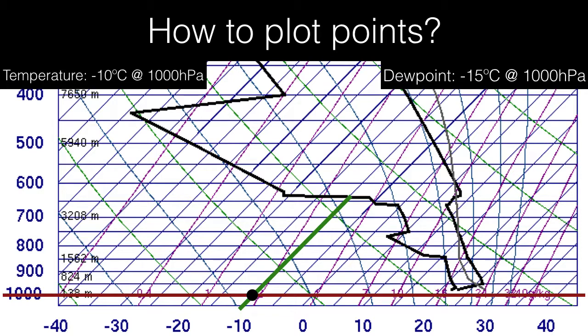So negative 15, we're going halfway between the negative 10 and negative 20. Draw a line up and to the right, and put a point where the lines intersect. Okay, that's pretty simple. The mixing ratio is a little bit trickier and requires some more advanced knowledge than we have covered in this video. We'll get to this in future videos.